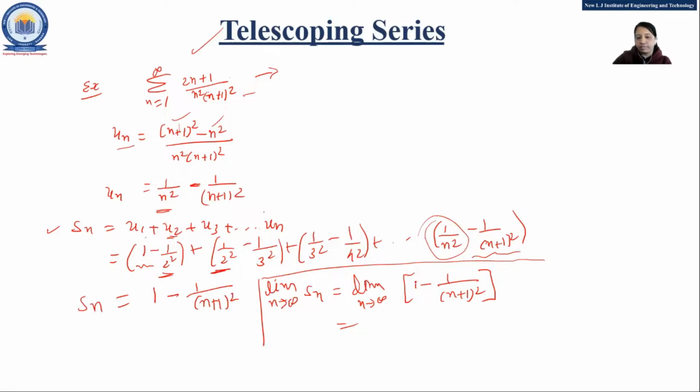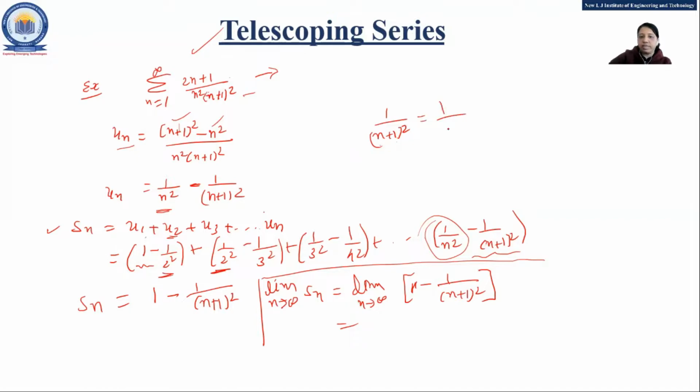All are writing answers in the chat box. Yes, that is what we'll get: the answer is 1. How will it be 1? See here, 1 upon (n plus 1) whole square, so you get 1 upon (infinity plus 1) square.